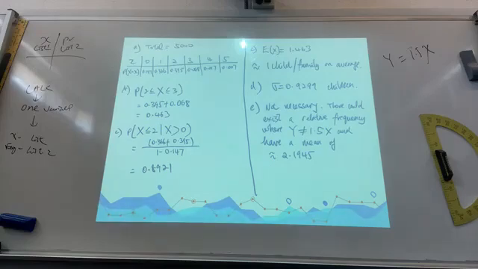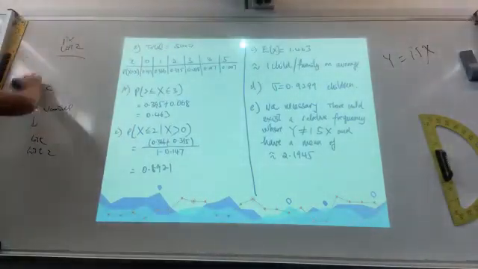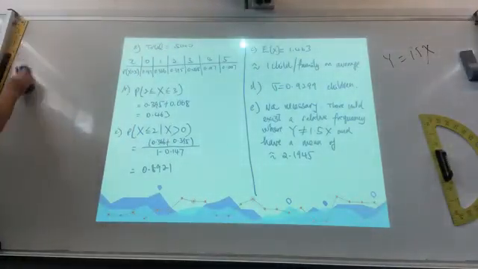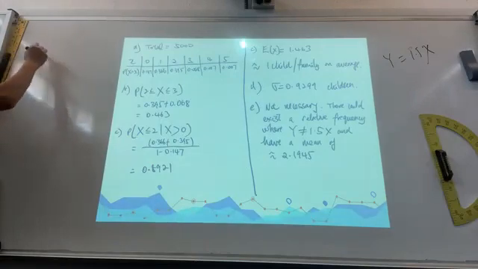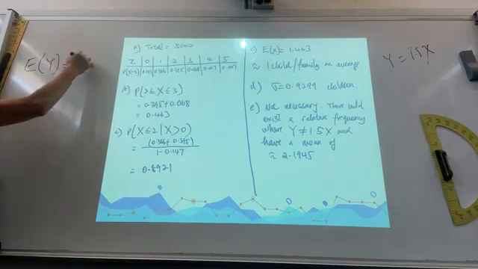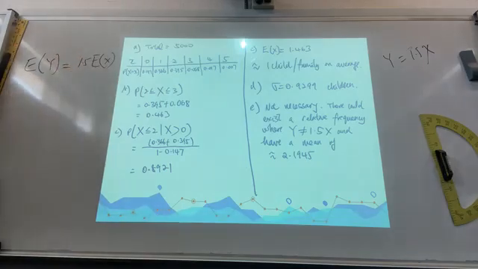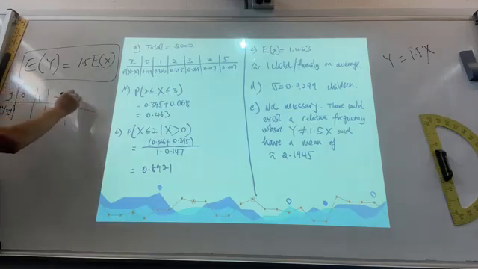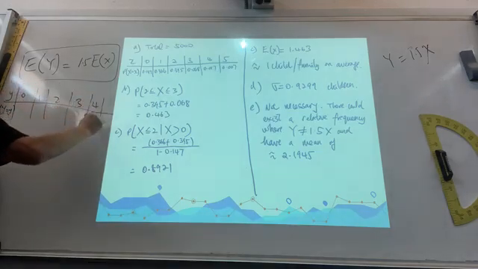So what the question said is, if it was y equals 1.5x, then E(y) is 1.5 E(x). That's what we're looking at, and this is the given statement. Now we can have y and the probability of y equals small y: 0, 1, 2, 3, 4, 5.